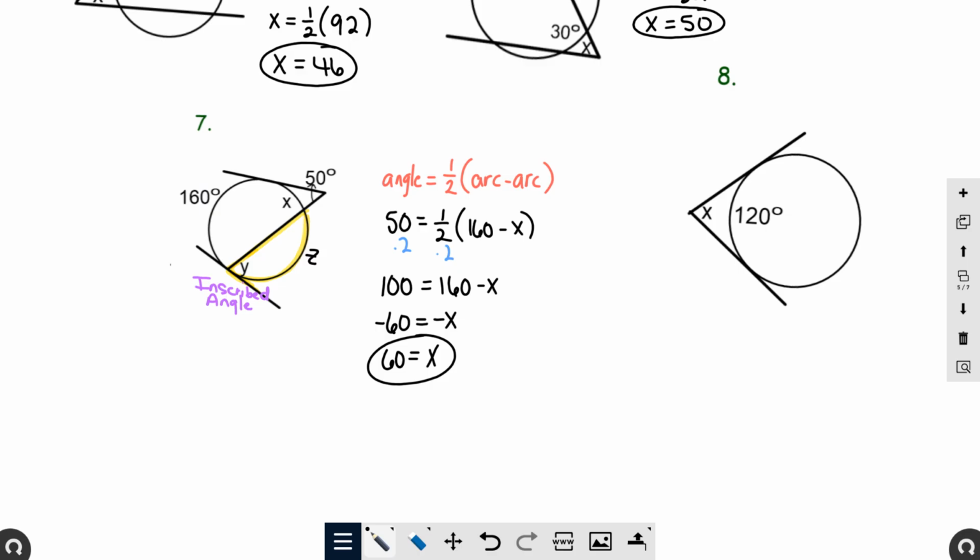In a circle, all the arcs add up to be 360. So I know that this top arc is 160. And then I have arc x, which I found to be 60. And then I have arc z. So all three of those arcs should add up to be 360. So let's add those up and then subtract from 360.